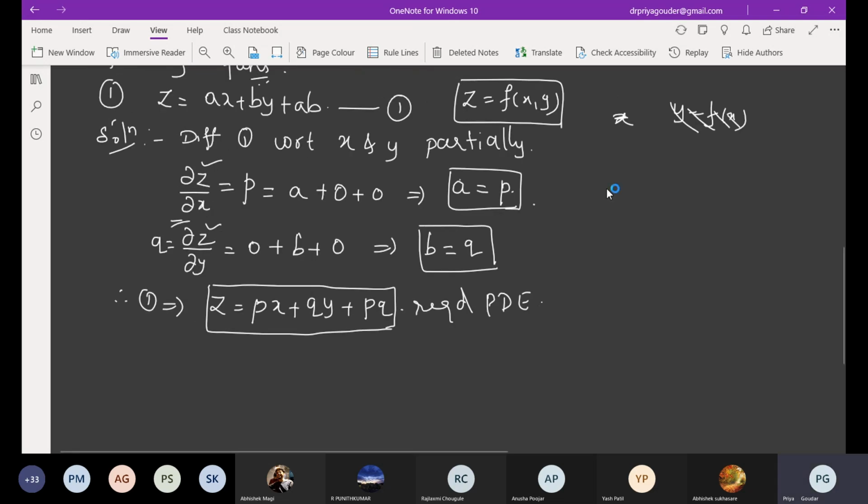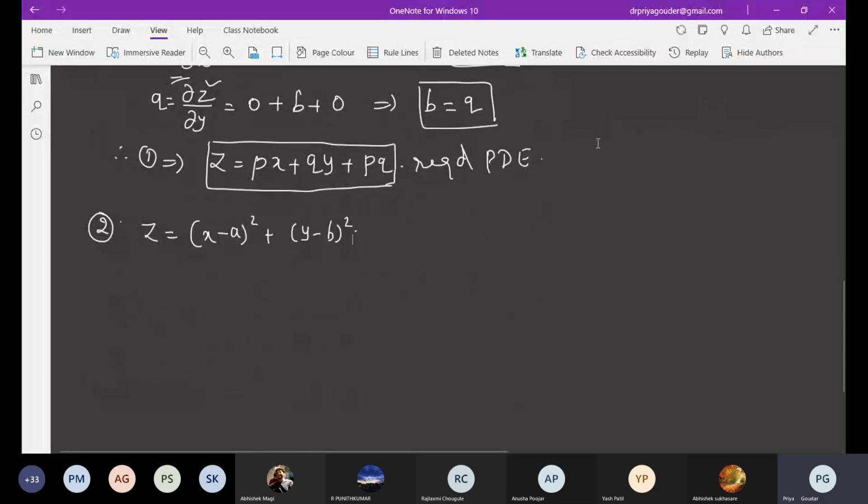This is a very simple example. Try to understand from that. Now I'll go to a slightly higher part. Take down: z is equal to (x minus a) the whole square plus (y minus b) the whole square. First, take the given equation as 1.